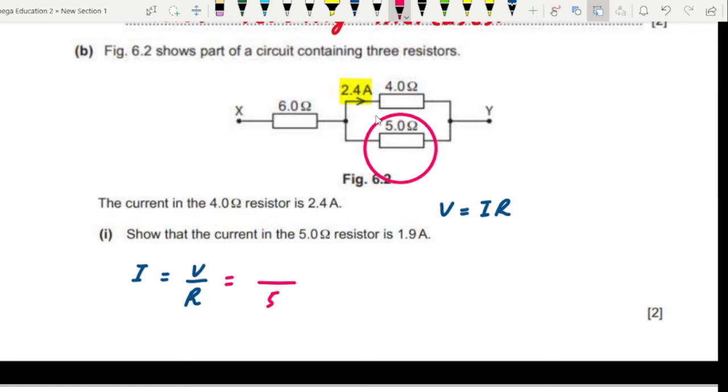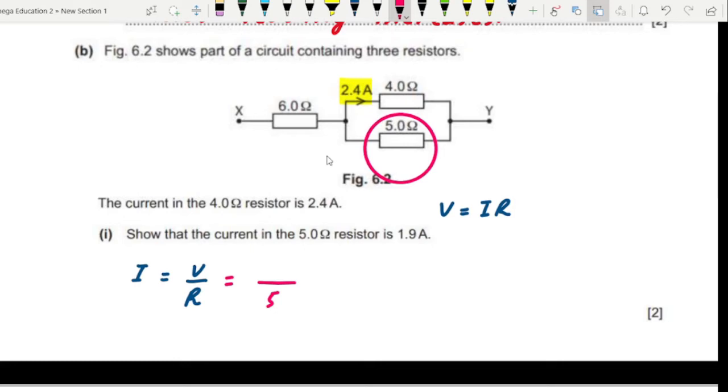It's not given directly. We are not provided with the value of voltage across the 5 ohm resistor. So how do we apply this formula? Now the thing is, this is where we apply some of the properties of series and parallel circuits.